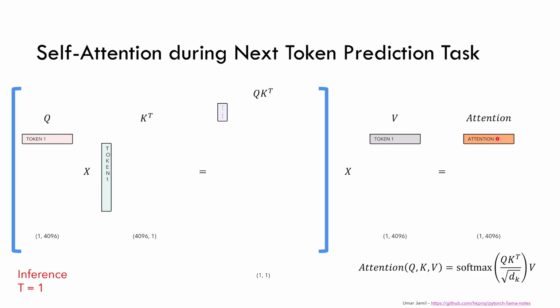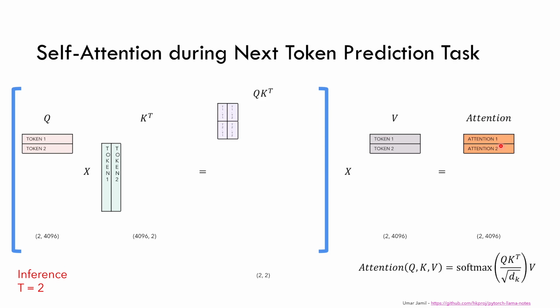And then we take the output token, this one, and we append it to the input at the next step. So now we have 2 tokens as input. They are multiplied by the transposed version of themselves, and it will produce a 2 by 2 matrix, which is then multiplied by the V matrix, and it will produce 2 output tokens.